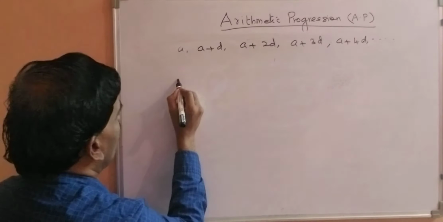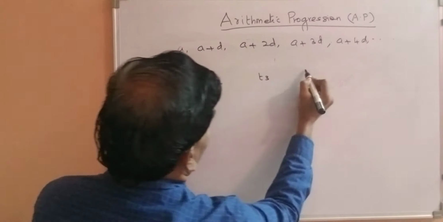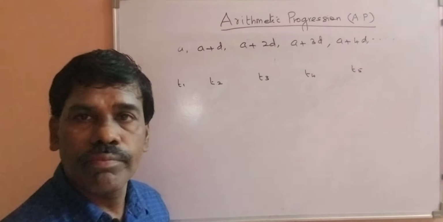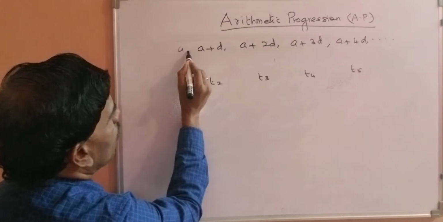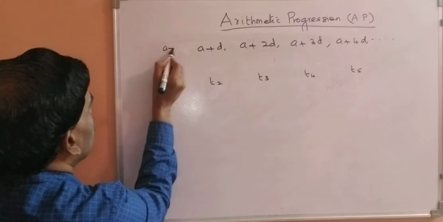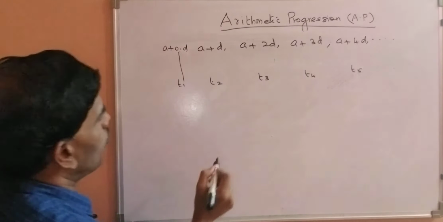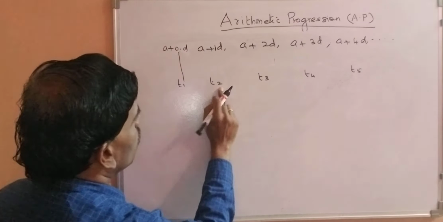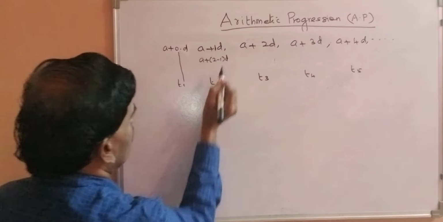This is term 1, this is term 2, this is term 3, this is term 4, this is term 5. In the first term, here you see how many D's are there? No D, that I will write 0D. A plus 0 into D. See, 1 means 0. Here 1D. That means it is A plus 2 minus 1 into D.